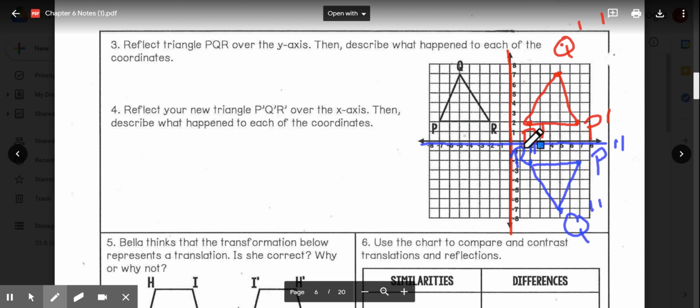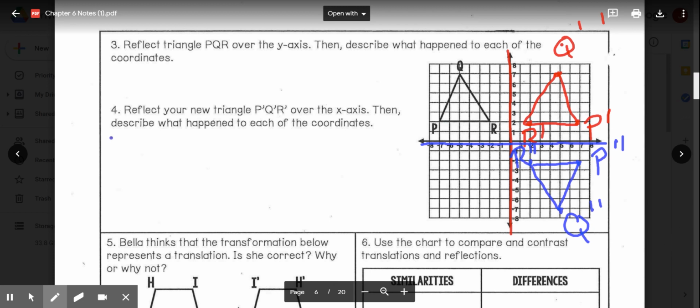Well, if we look at just from our first image to our second image, you can see that it happened just like we said on our last example, that our x coordinates stayed the same and our y coordinates flipped. But when we look at the second image compared to the original, you can see that our coordinates are all opposites.